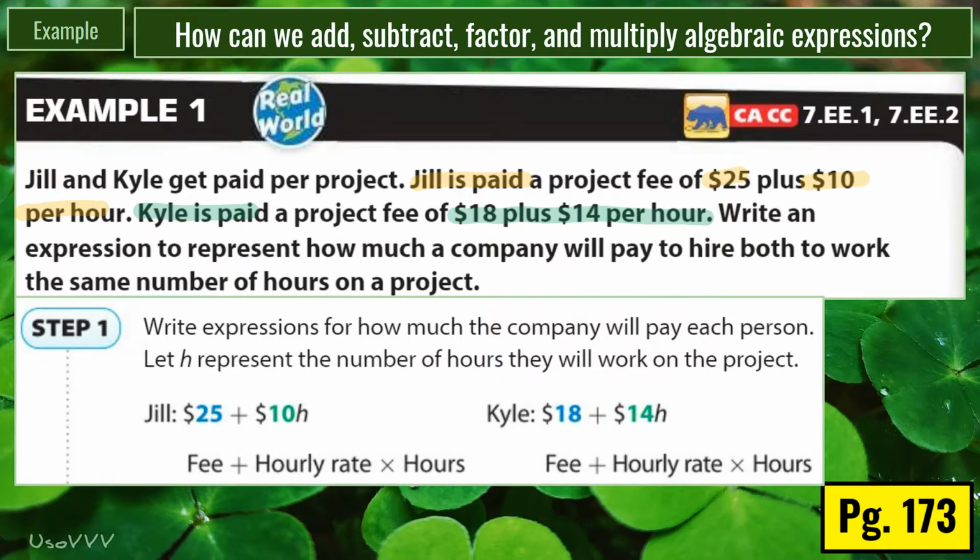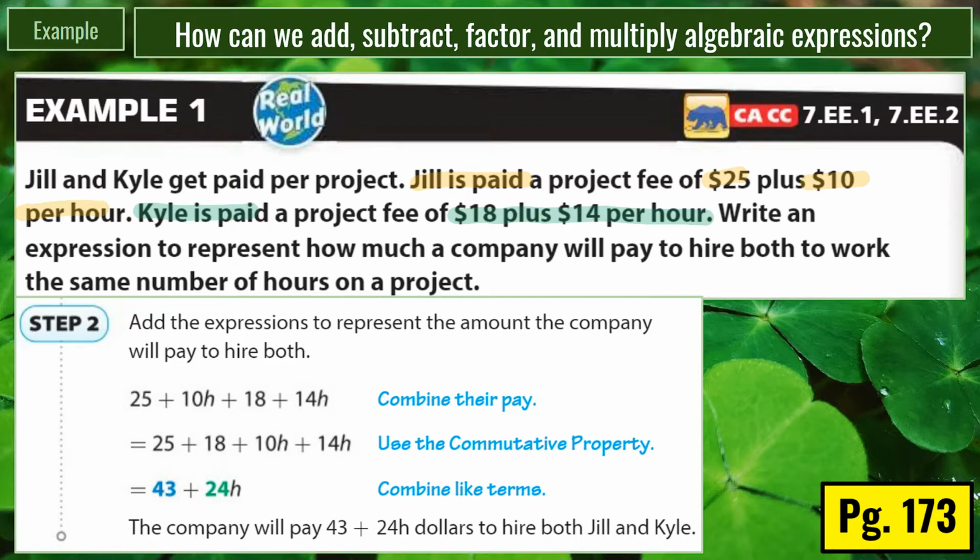So Jill gets paid $25 plus $10 per hour. Kyle is the same way. He gets paid $18 plus $14 per hour. So we have each person's expression. They're a little bit different, but they're set up the same way.